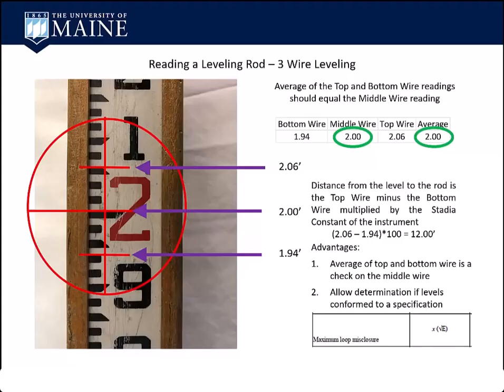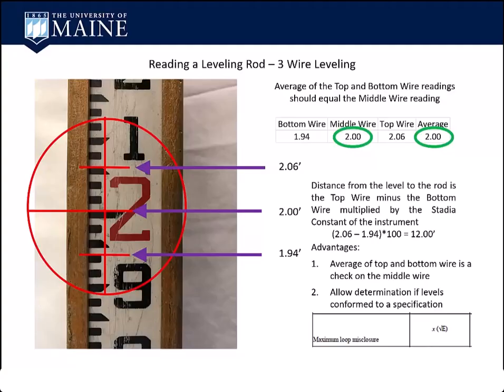It's a good check, so as you're doing your run, you're not making a mistake. And like I mentioned, the difference between the top and bottom wire times 100 will give you a distance for an instrument with a stadia constant of 100.